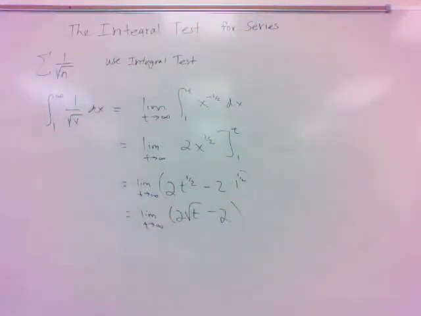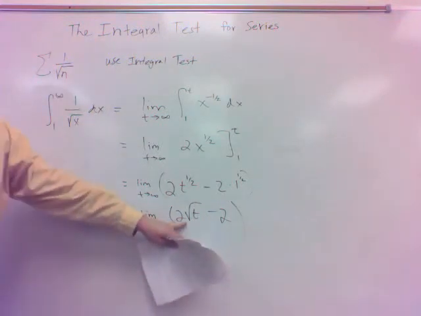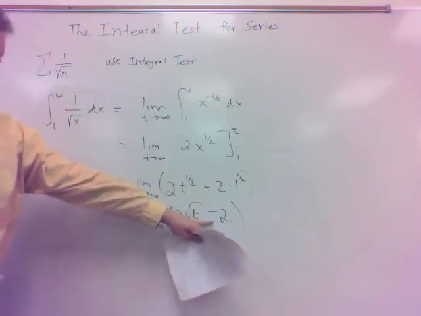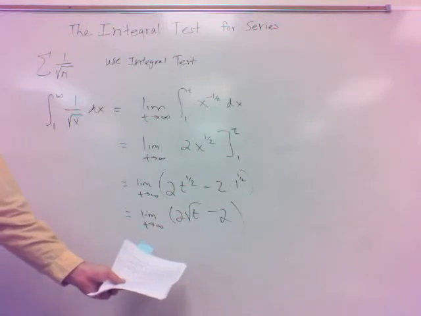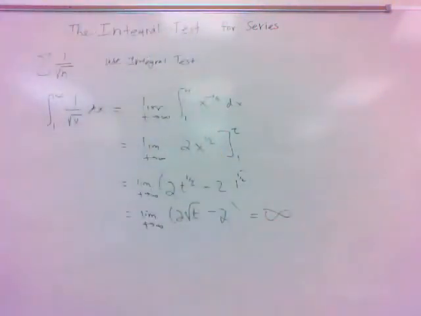What's happened to that limit? t is going to infinity. So what's the limit? What happens to that term? That goes to infinity. Of course, that goes to 2. Infinity minus 2. It's infinity, isn't it? Yeah, minus 2 is pretty insignificant compared to infinity.